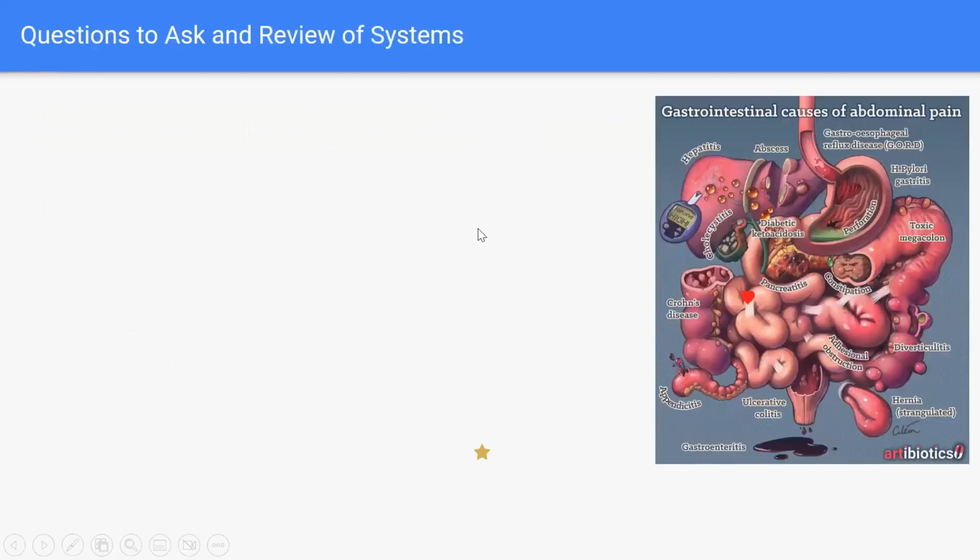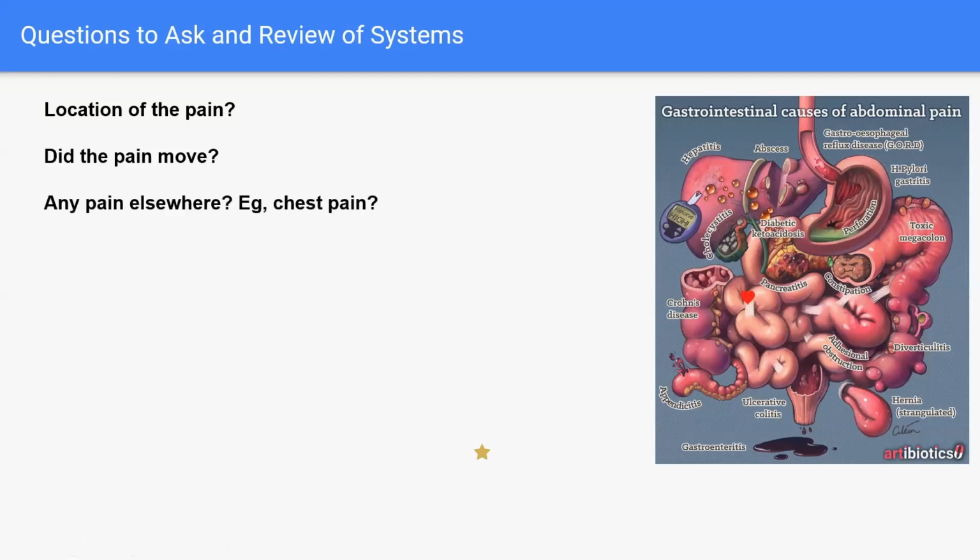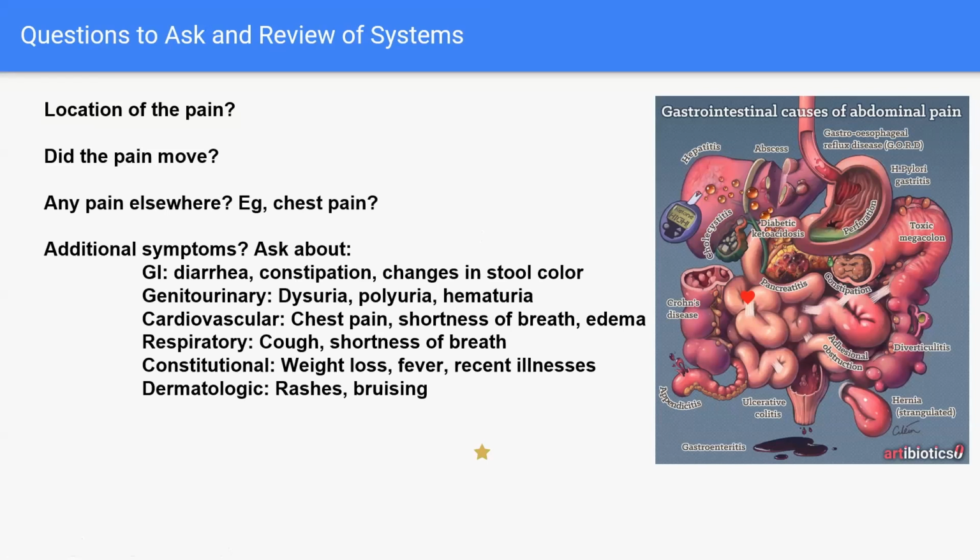Awesome. All right. So yeah, some good questions to ask. Location of the pain. Did the pain move? Did it change? Does he have any pain elsewhere, such as chest pain? Very important, especially when you guys had mentioned all of those cardiac things were on the differential. And then any additional symptoms.